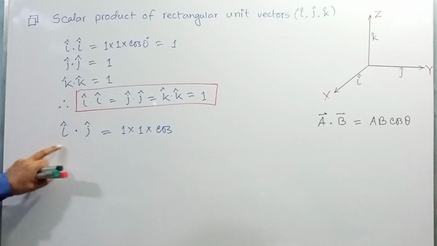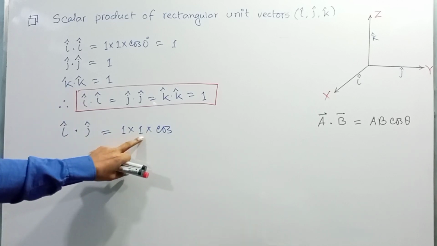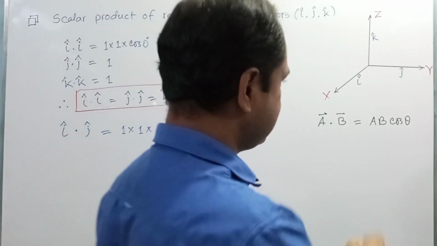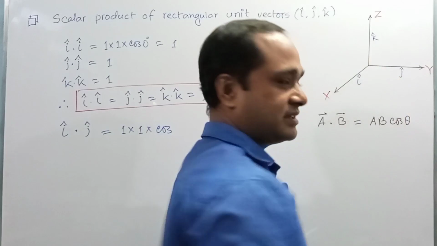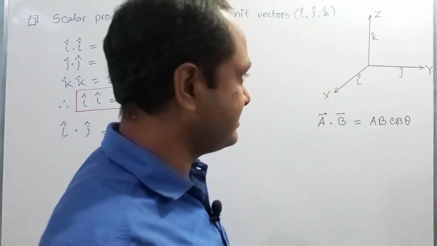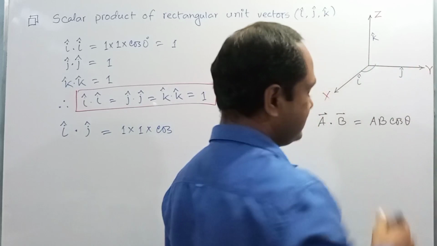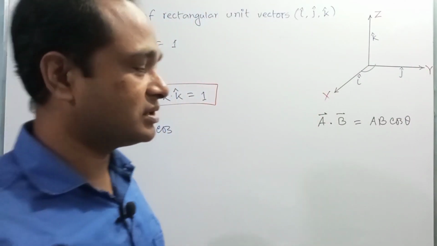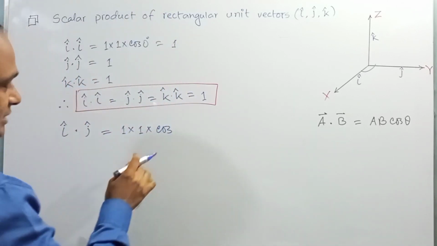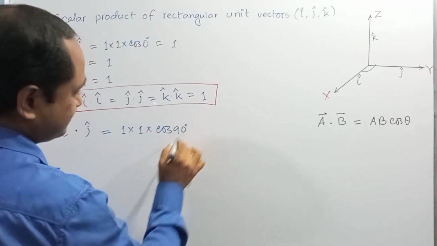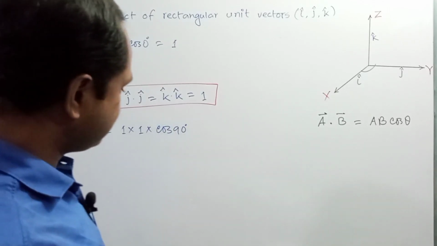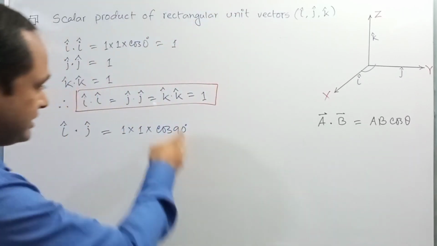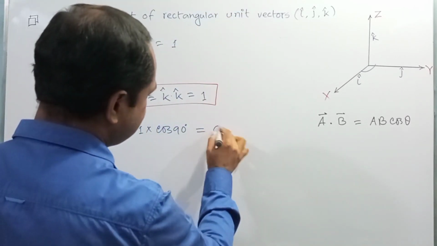Here the value of i is 1 and the value of j is also 1, but the angle between i and j, from the figure you can see, that is the angle between the x axis and y axis, is 90 degrees. You know these three axes are mutually perpendicular to each other, so the angle between the x axis and y axis will be 90 degrees. So here the value of theta will be 90 degrees. You know the value of cos 90 degrees is 0. So the ultimate result of the expression will be 0.